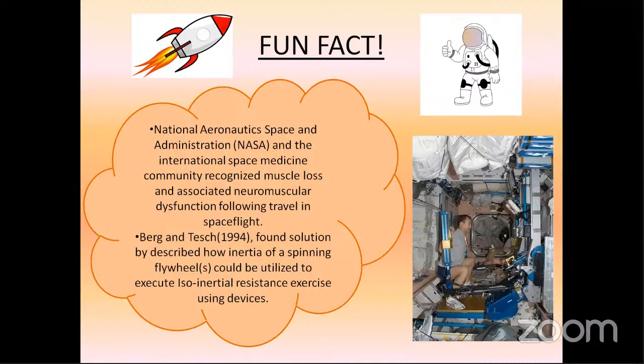In space there is no gravity, so traditional resistance exercises cannot be used because they depend on gravity. Flywheel exercises can be used there to prevent muscle loss and associated neuromuscular dysfunction, as a flywheel does not require any gravity to produce resistance.